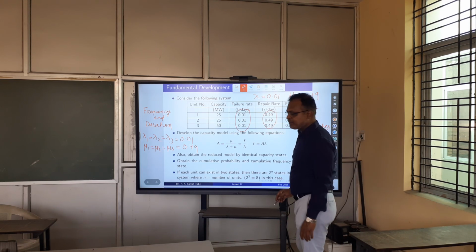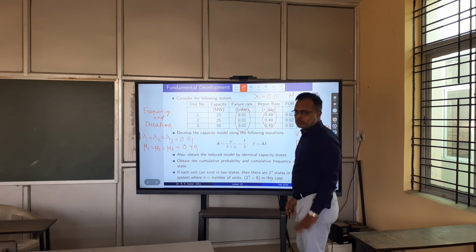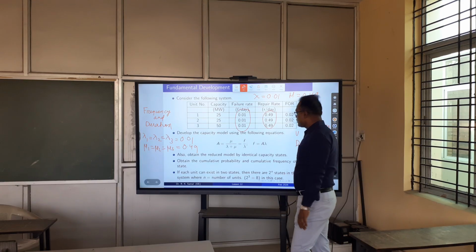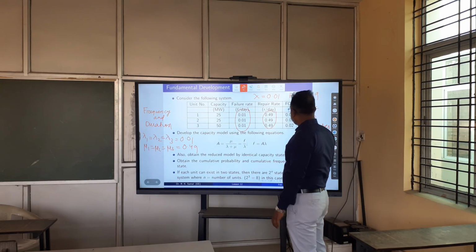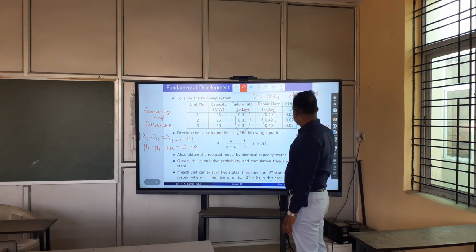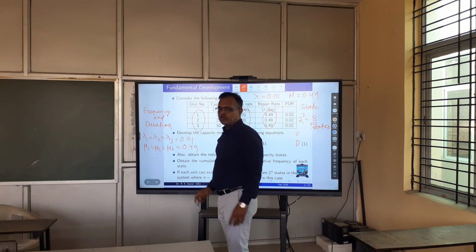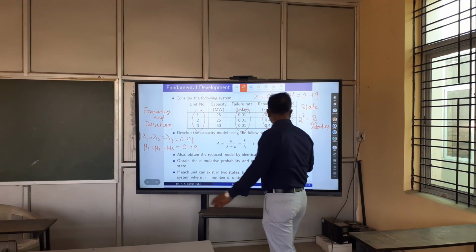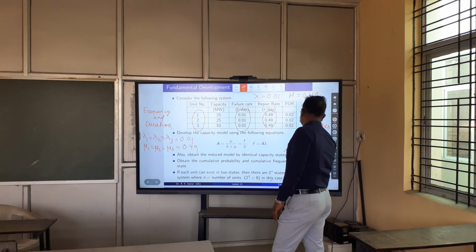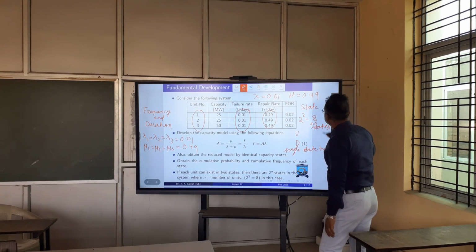Each generator can be either up or down, and we are considering only single state transitions. So suppose there are 3 generators in a particular state, only one generator can change from up to down or down to up at a time.